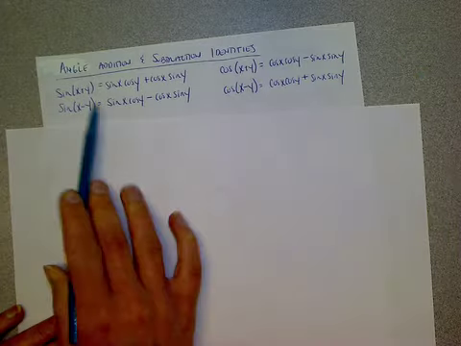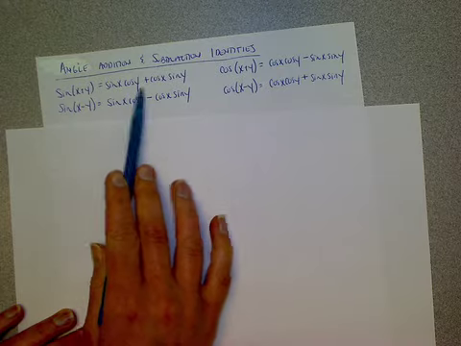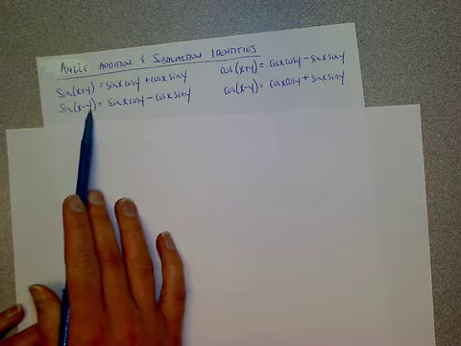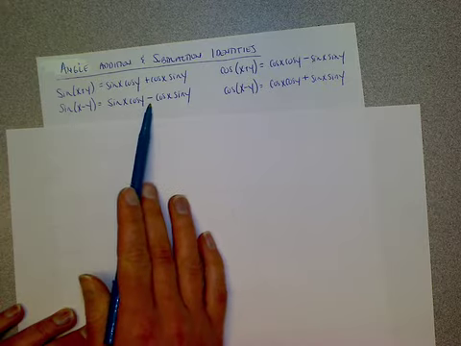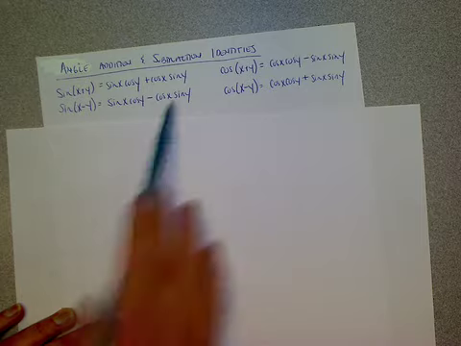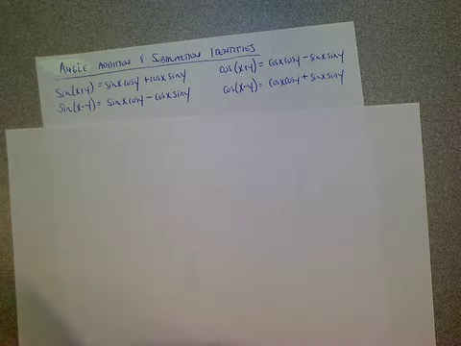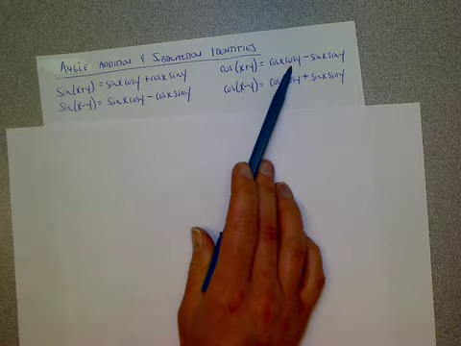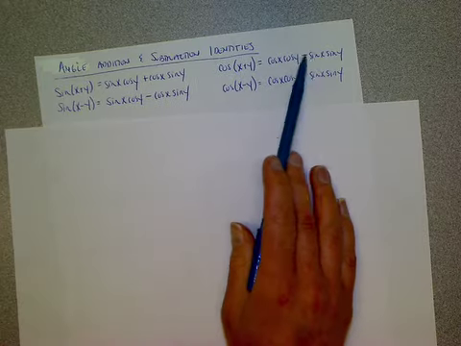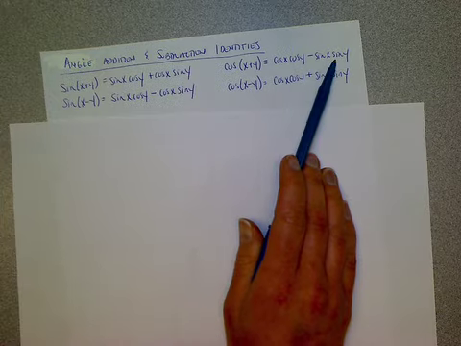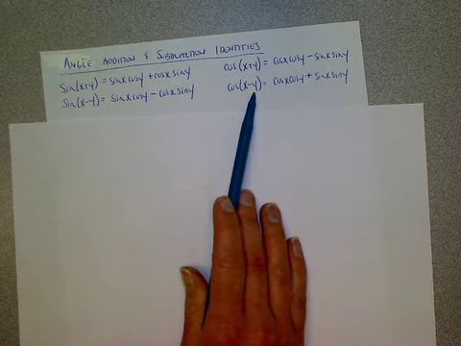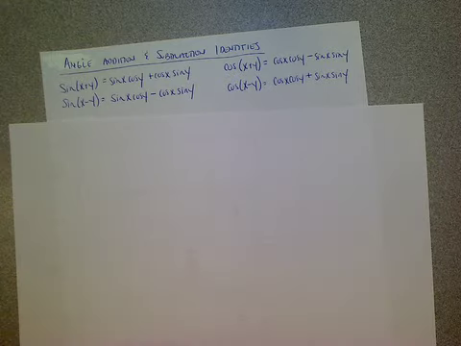So sine of x plus y is sine x cosine y plus cosine x sine y. Sine of x minus y is sine x cosine y minus cosine x sine y. And then cosine of x plus y is cosine x cosine y, and crazier yet, minus sine x sine y. And cosine of x minus y is cosine x cosine y plus sine x sine y.